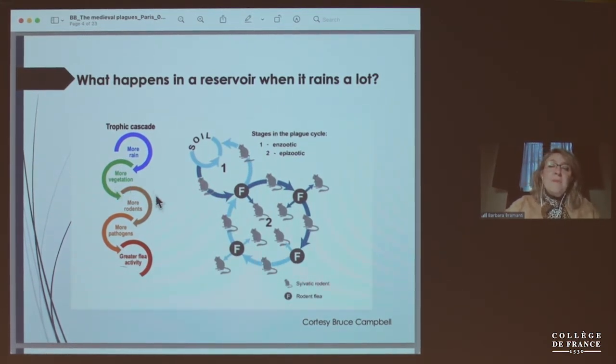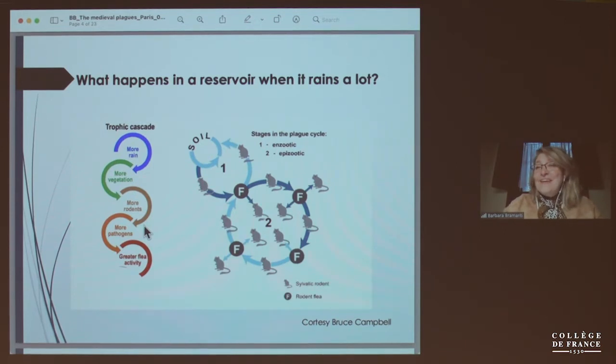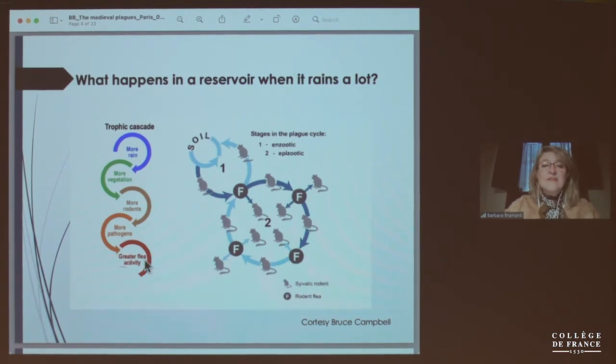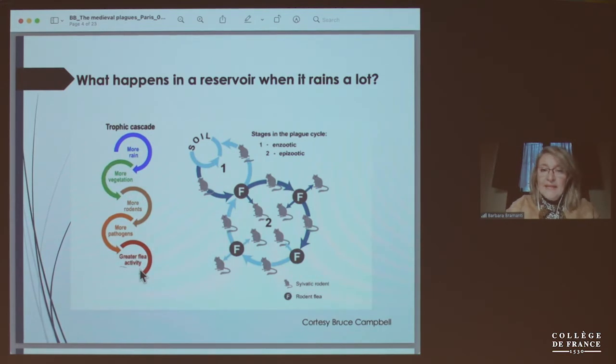Therefore, the population of the wild rodents expands, and they become bigger and bigger, and they can even generate new populations. And if they are infected with Yersinia pestis, that means that you have also more pathogens and more fleas which are able to transmit plague.